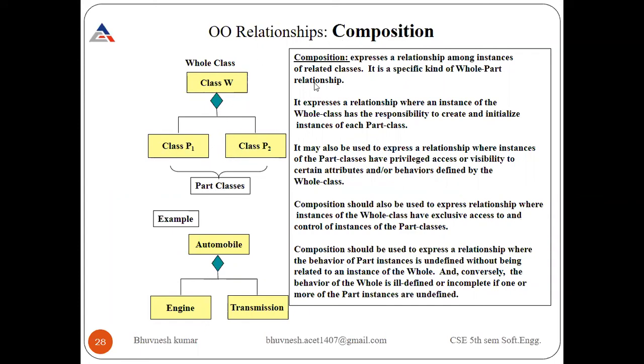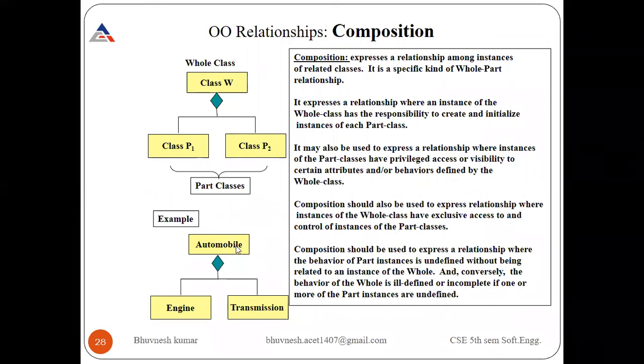If we are talking about composition, this is your main class, and it has a strong dependency between these part classes and the whole class. The whole class is your container class, your super class, and your part class is your subclass or containing class, and it is also called a part class.